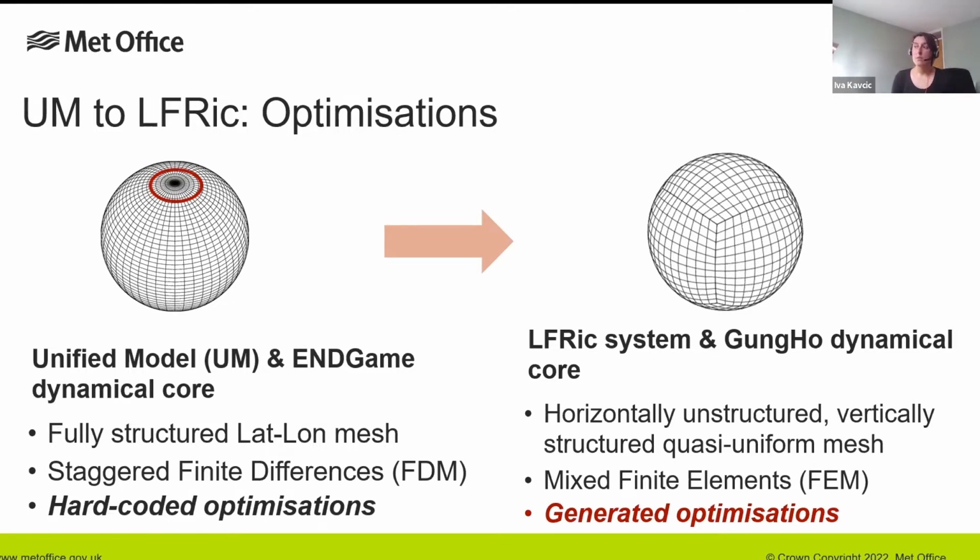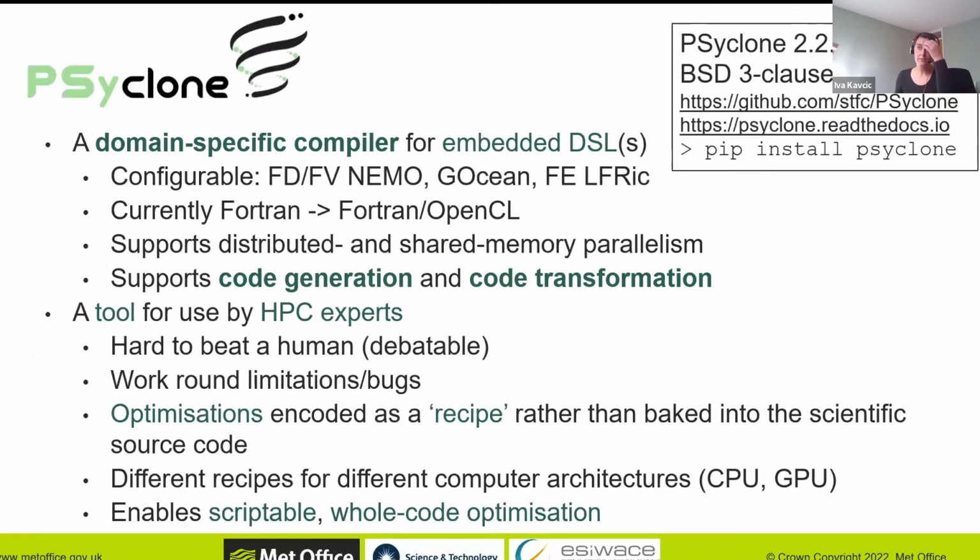Whereas the design principles for LFRic and the Gungho dynamical core are a horizontally unstructured, vertically structured quasi-uniform mesh, mixed finite elements, and generated optimizations for the ease of performance portability.